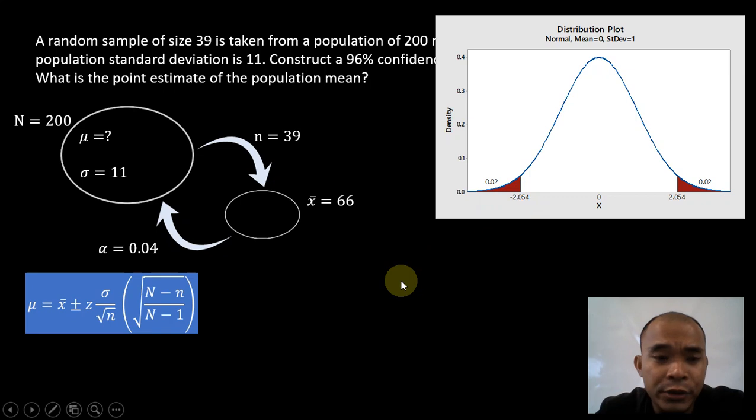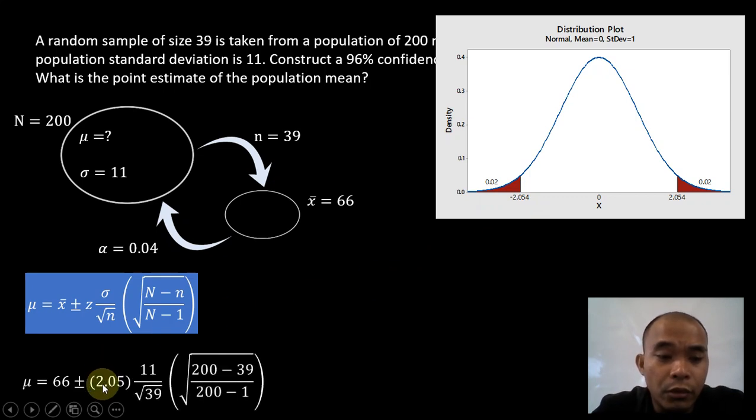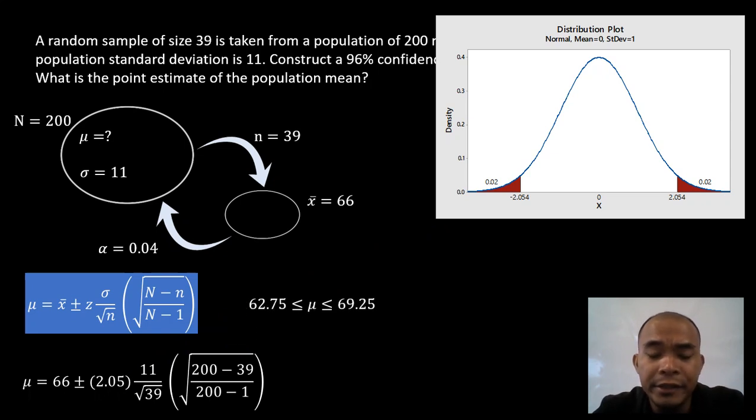Then we substitute the value, 2.05, and don't worry about the positive sign, because the distribution is symmetrical. If that is negative 2.05 here, that is of course 2.05 on the positive side. Just simply substitute the values, and we can solve for our confidence interval.